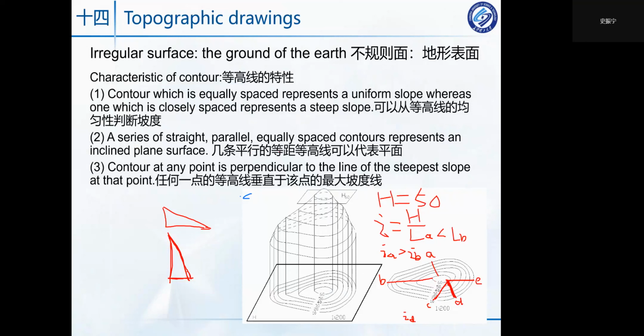So that is the characteristic of the contour. With this rule you can find the deepest route on a mountain.